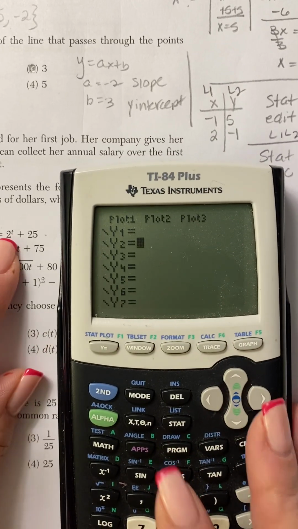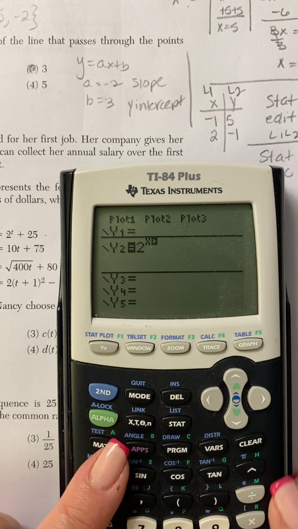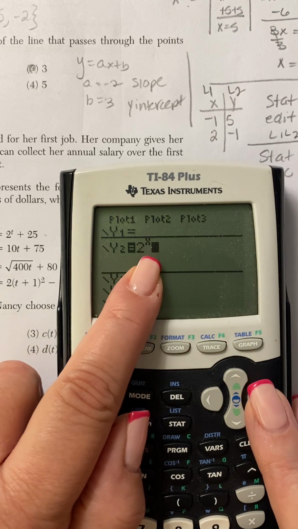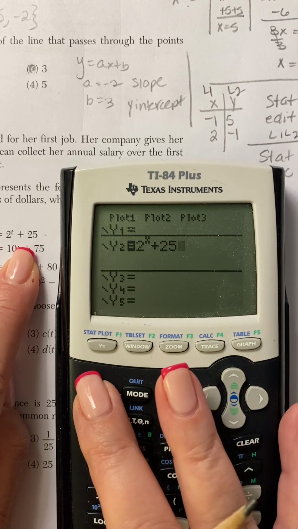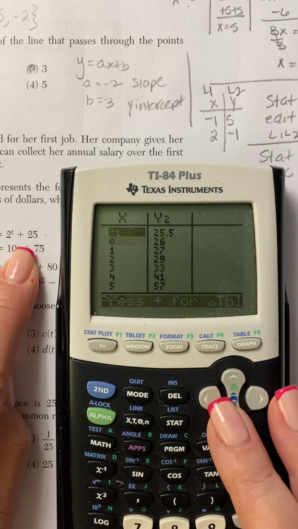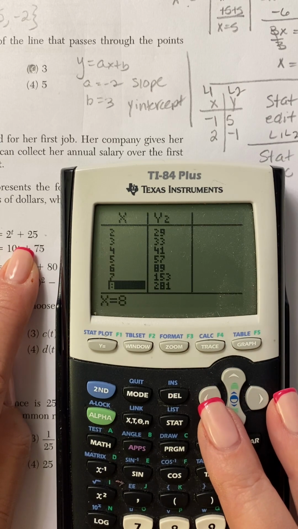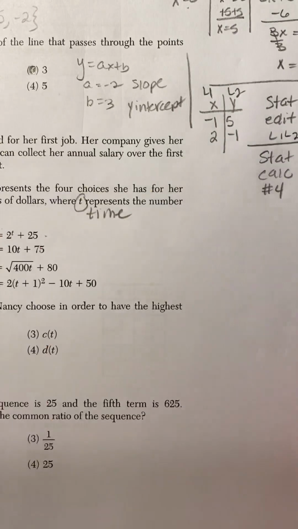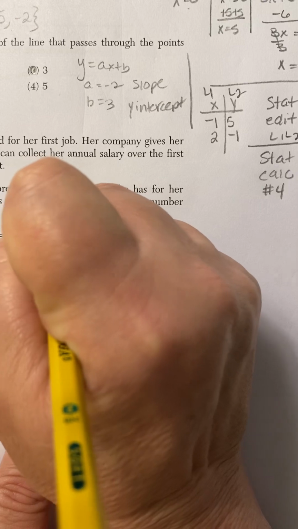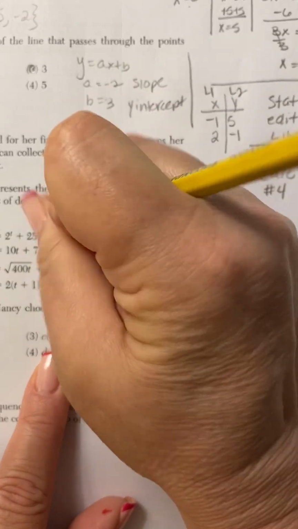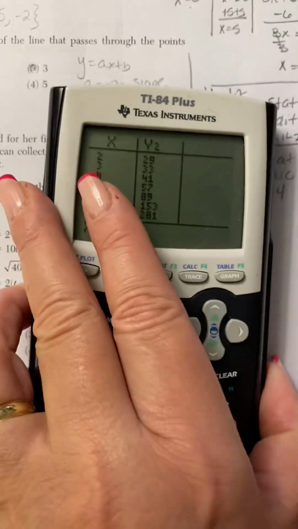All right, so 2 to the T, 2, up arrow, T, 2 with an exponent of T, get out of the exponent and add 25. Okay, second graph, what's happening at 8? $281,000. Okay, these are in thousands, right? But they're all going to be in thousands. So this is 281.